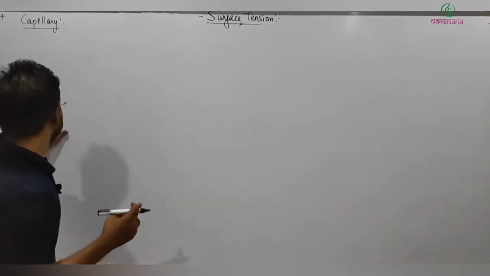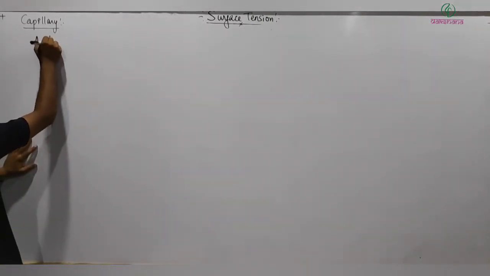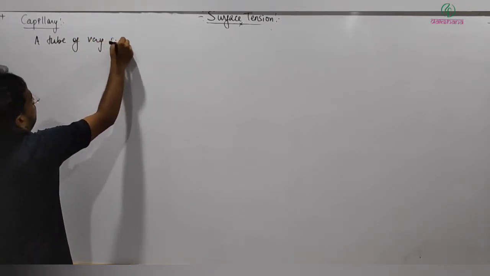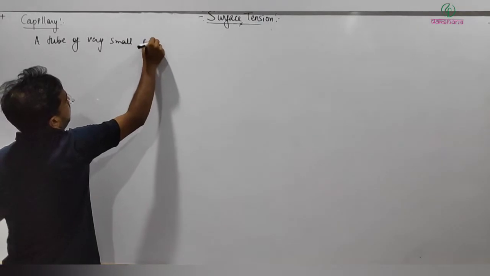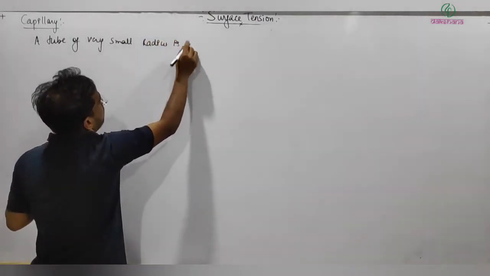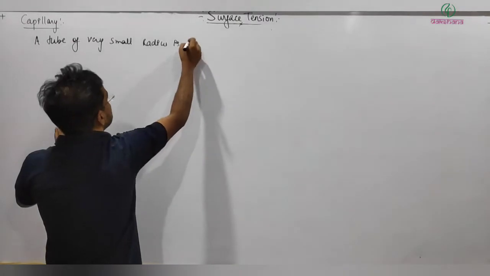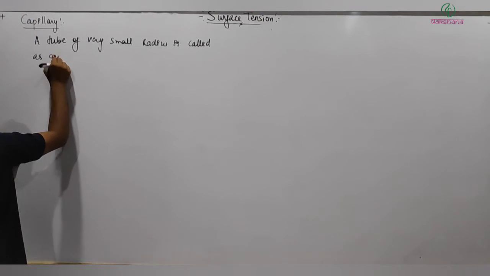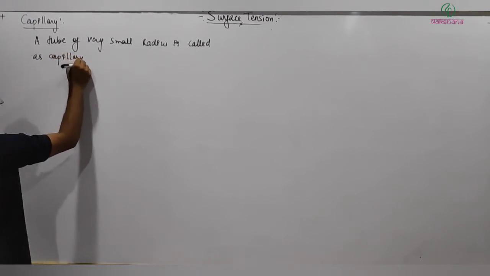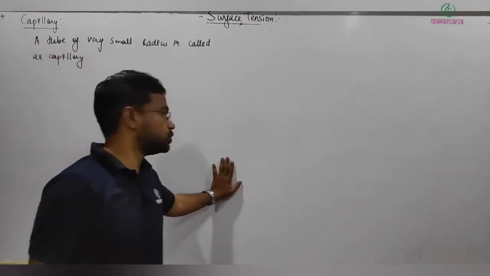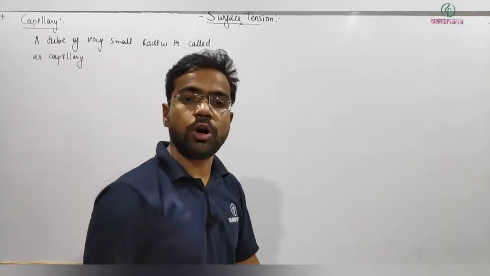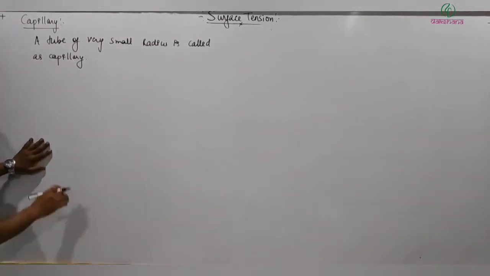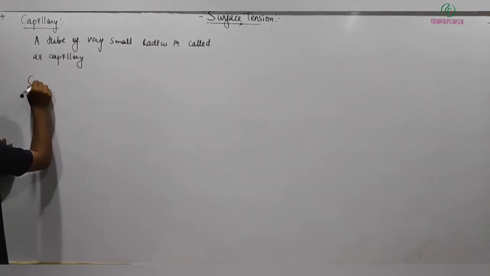So a narrow tube, thin tube, or tube of very small radius is termed a capillary.